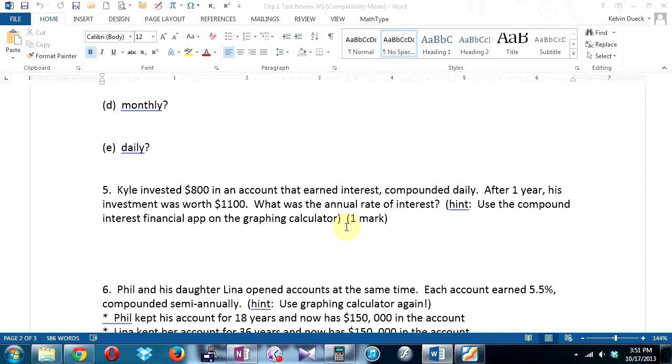Because remember, we actually always divided to get little i, right? If it was semi-annually, we took the rate divided by 2. If it was daily, divided by 365. If it was monthly, divided by 12.